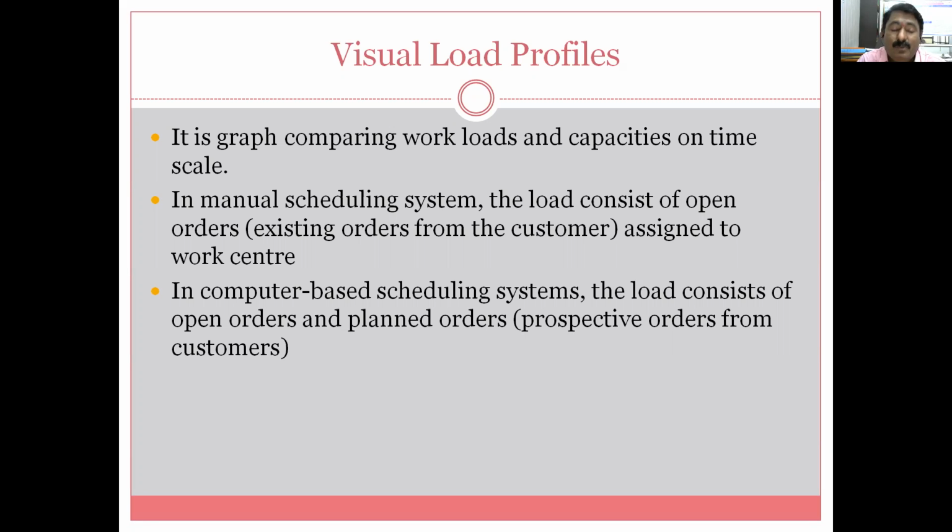But you come to know it is guaranteed that there will be material after 20 days, and the next 3 months will be busy as far as the different work centers, the complete job sequence and the complete order are concerned. So what are the current orders and what are the planned orders, prospective orders from the customer?